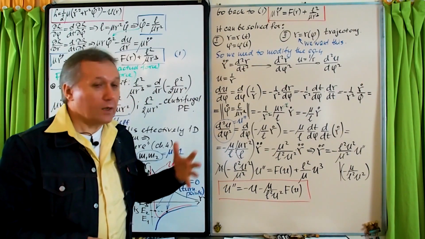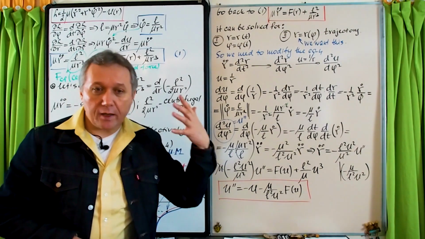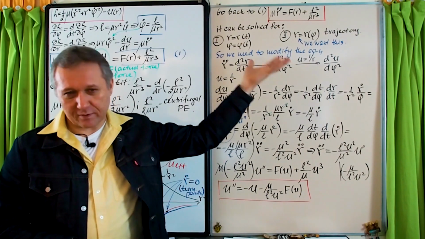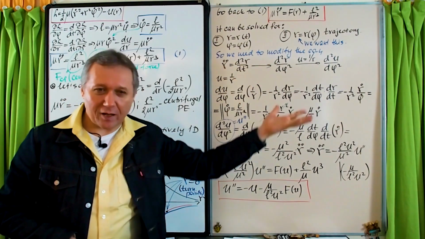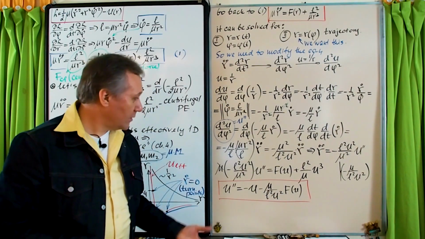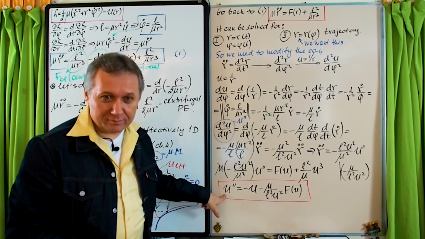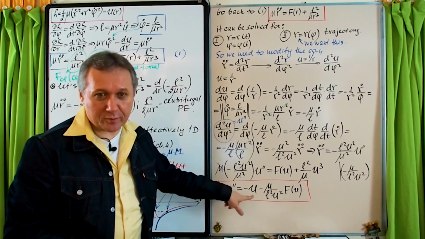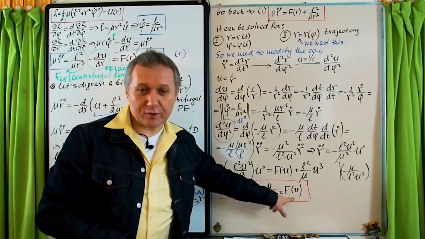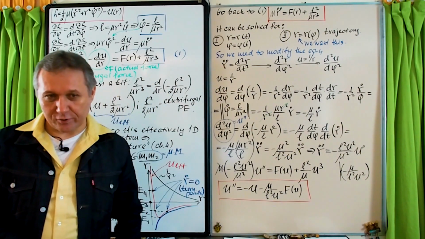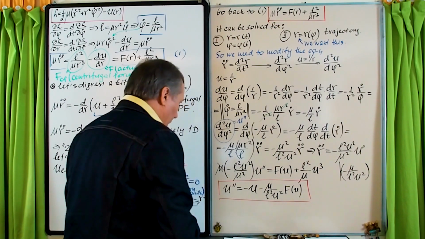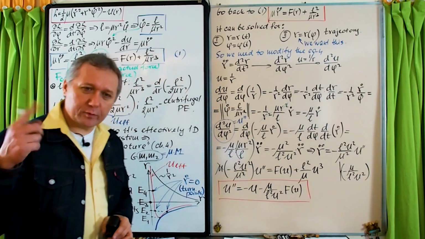That's the first type of problem. The second, if a trajectory is given, for example, you observe that something behaves somehow around another object, so you can plug the trajectory u as a function of phi into this equation and get the force which created that trajectory. So there are two types of problems. In your homework, I think there will be both of them.